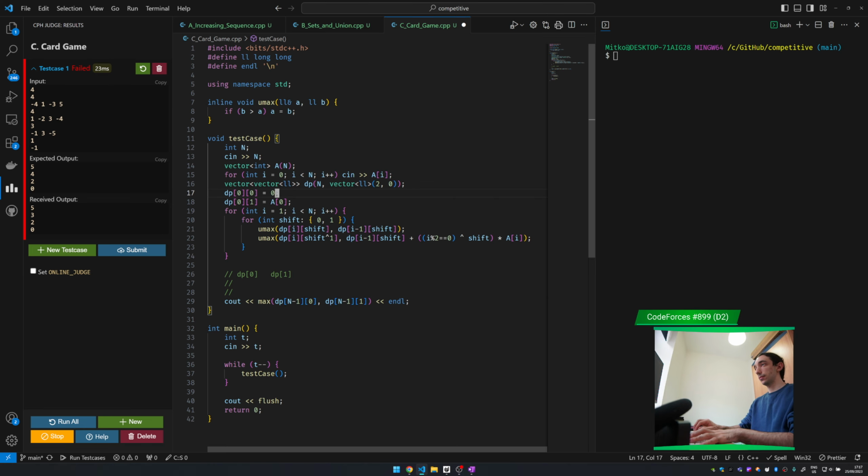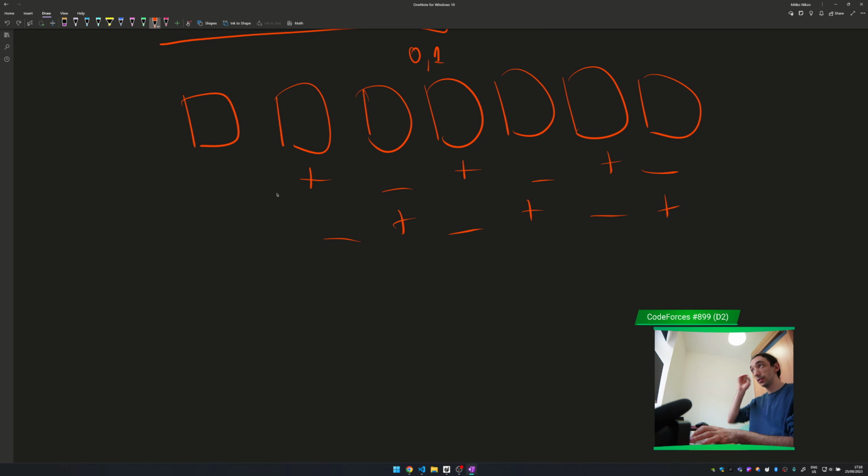Well, let's try something like this. So it's still n and two-dimensional, but at n minus 1 it depends now on n minus 1. If it's n minus 1 divisible by 2, and what is this now, 0?